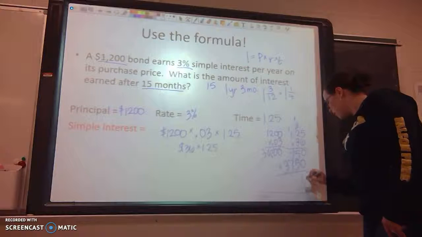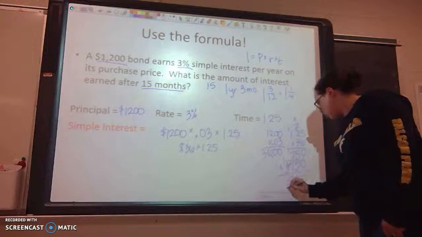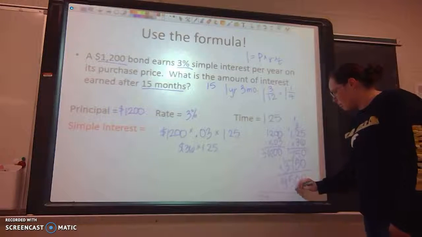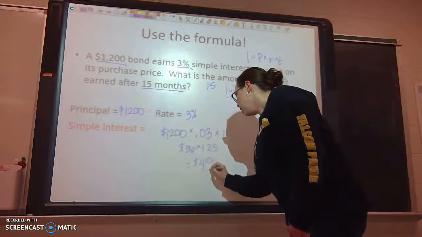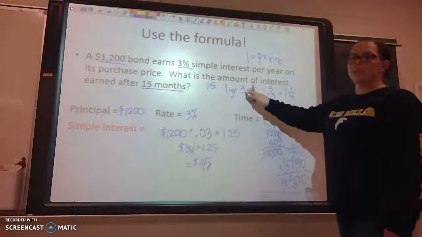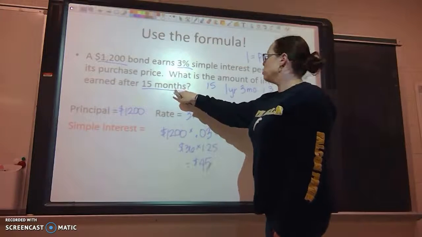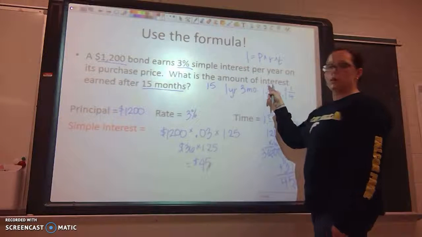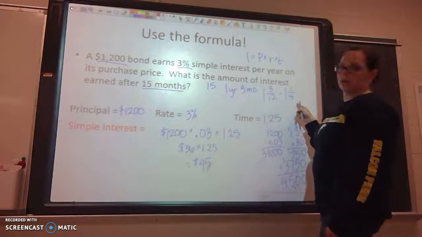Add it up. 0, 10, 14, 15, 3, 4. 2 numbers to the right of the decimal. So we have $45 in interest. The key to this one was noticing that this was in months, not years, and that we had to change it into decimal form by putting the number of extra months over 12 and simplifying it.